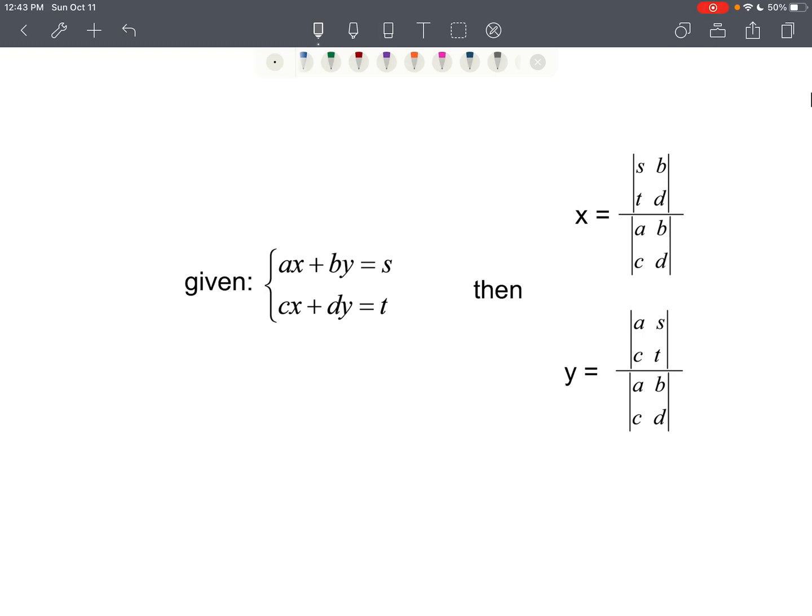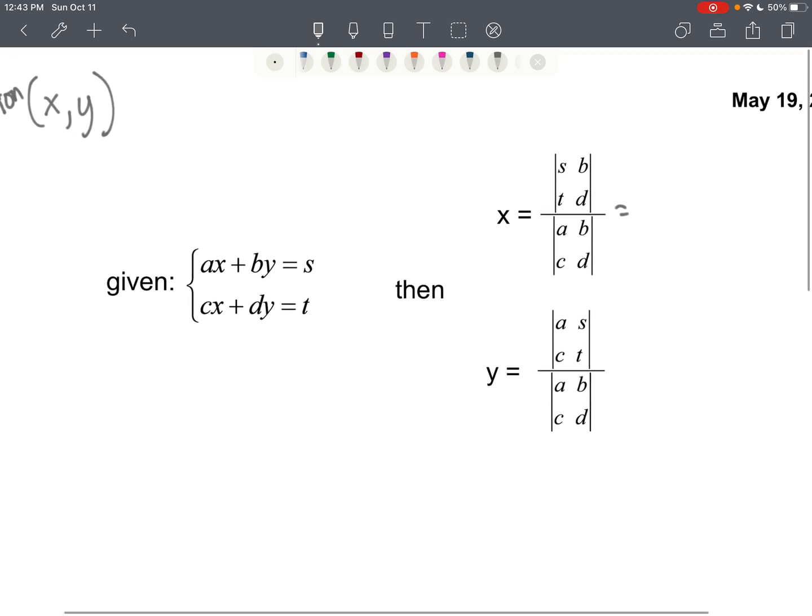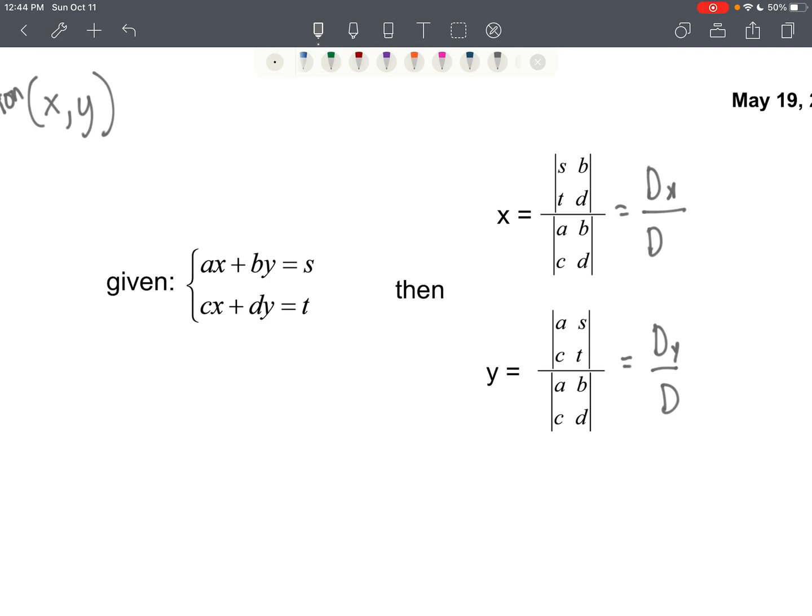The x value of the solution of the system, because the solution is going to be the x-y combination that makes both equations true, is going to equal the determinant of x divided by the determinant, and the solution for y is going to be the determinant of y divided by the determinant.